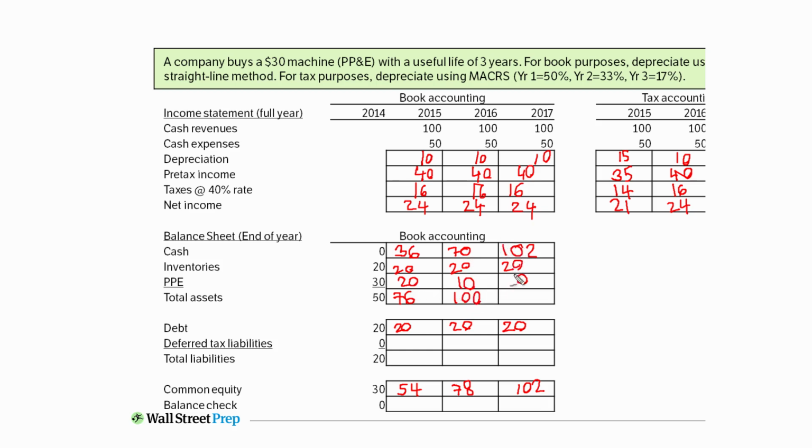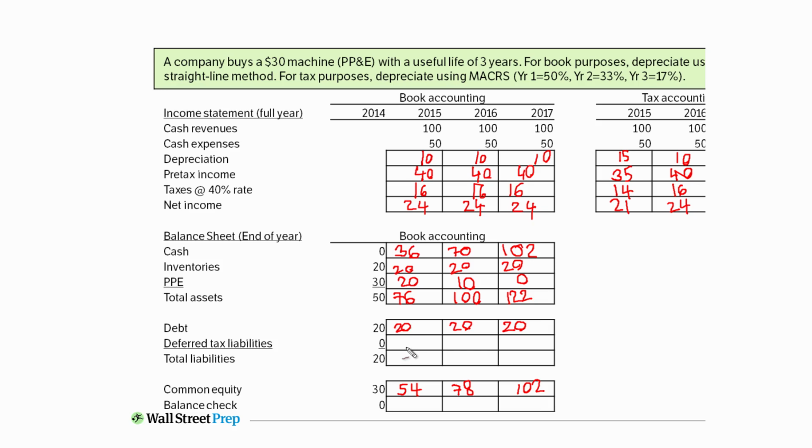And then lastly, 102 plus 20 is 122. Now at this point, I have total assets. Let's focus on 2015. I have total assets of 76 and liabilities and equity of 74. My balance sheet is out of whack by 2. Right? 74 is liabilities plus equity. If you add these two together, and you have total assets of 76.